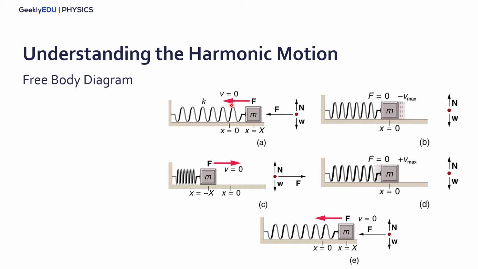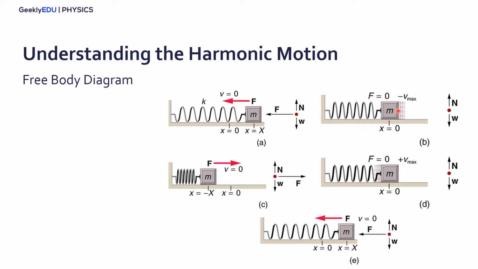At this point, we're holding the block at this position, x. Let's say that the natural position of the spring is here, x equals 0, but we're holding the block at velocity 0. At the time we release the block, we have this situation.